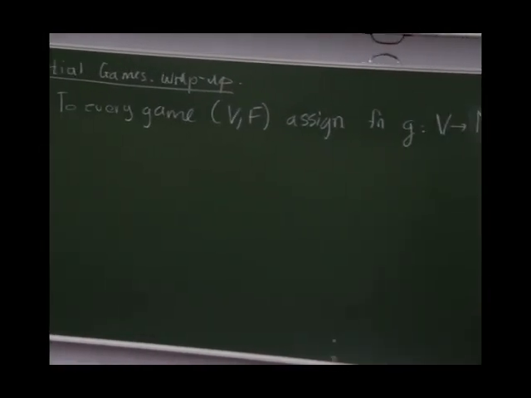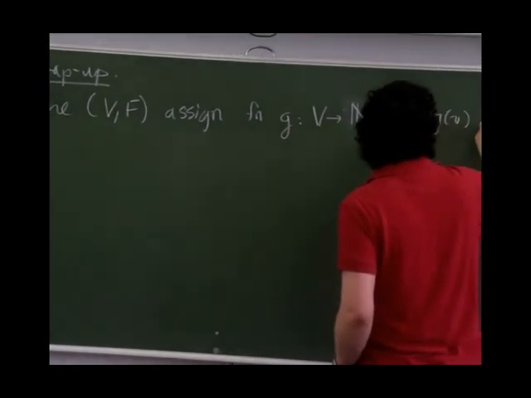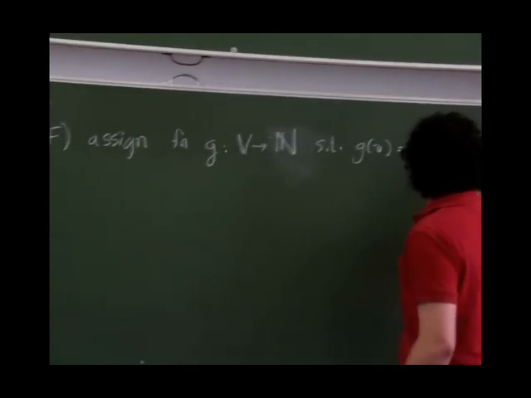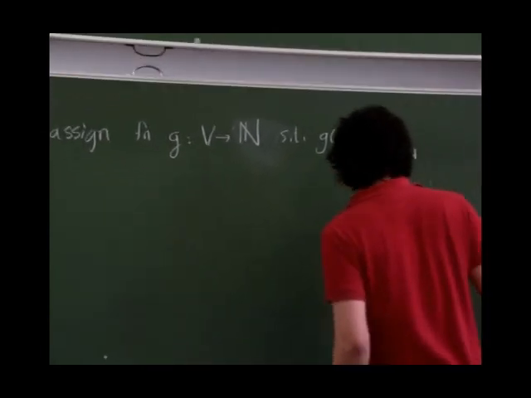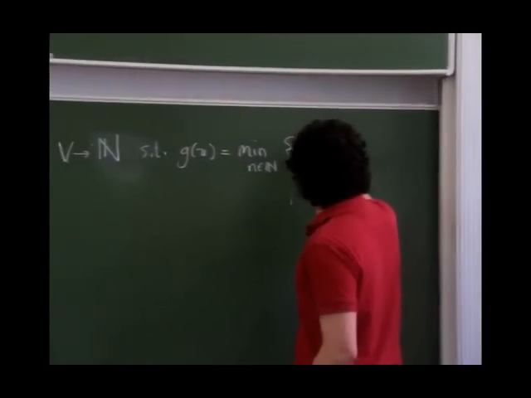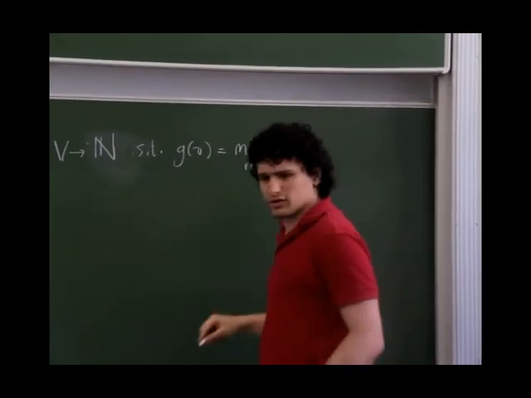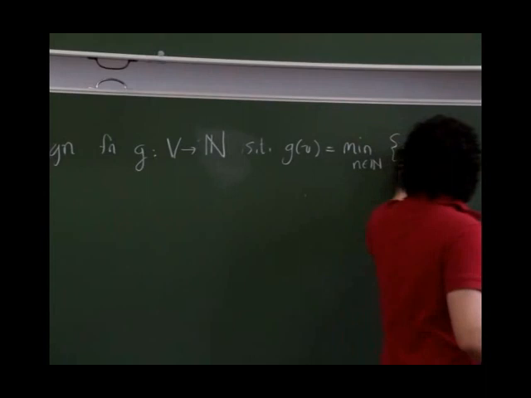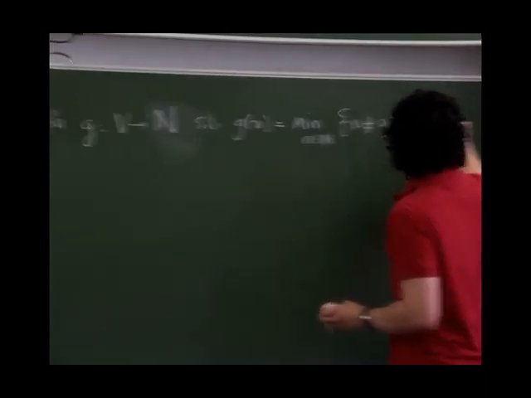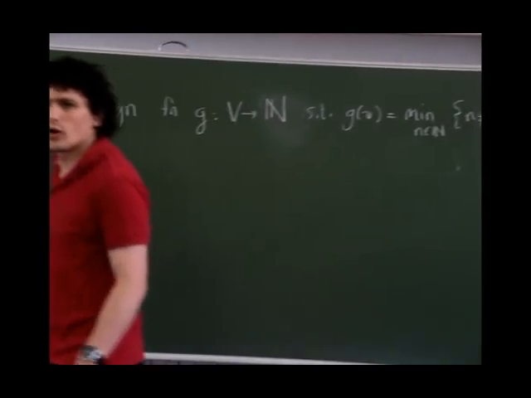Basically, g at any vertex v is the minimum number n in the naturals such that n is not equal to g of w for all w in f of v. Right? So that's the formal way to write what we all know what to do.